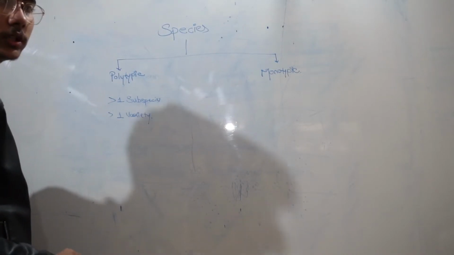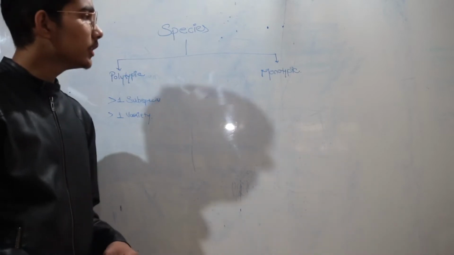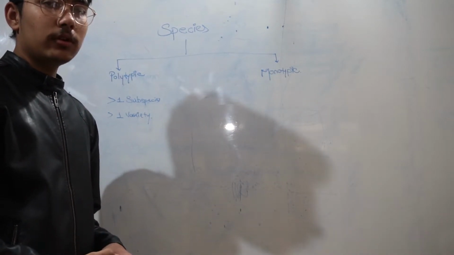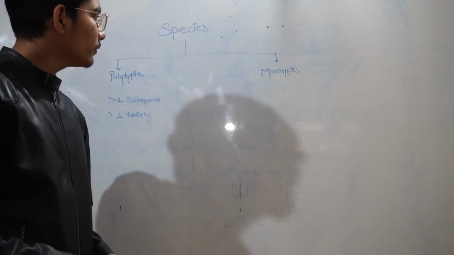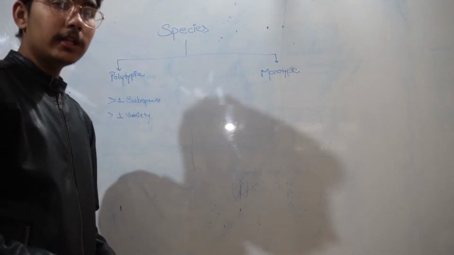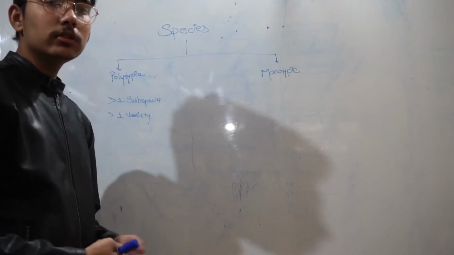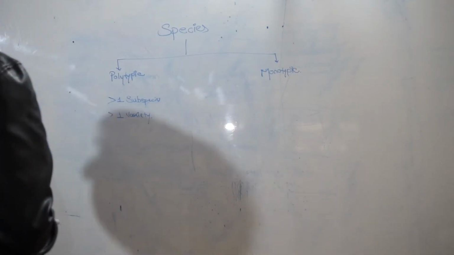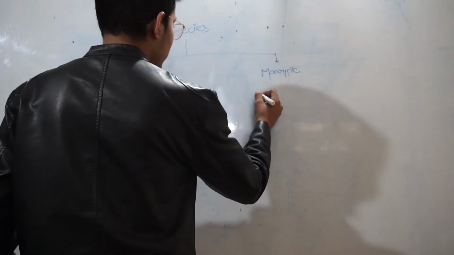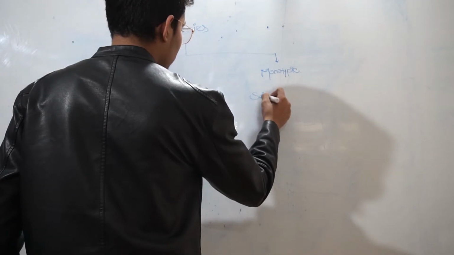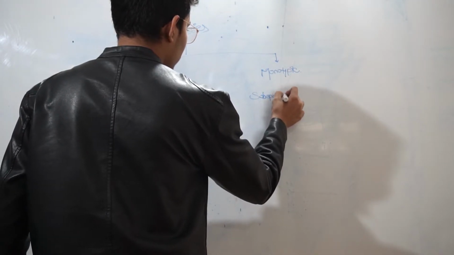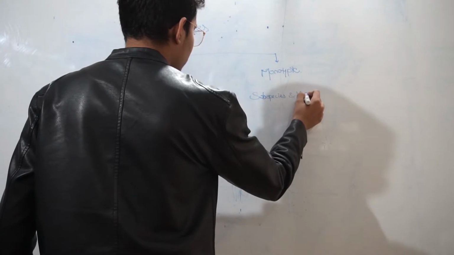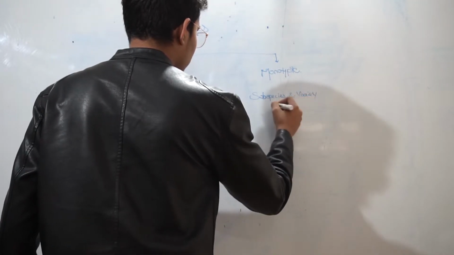Now monotypic, as the name suggests, is the presence of only one type of subspecies or one type of variety. Yes. So variation in subspecies and variety is totally absent.